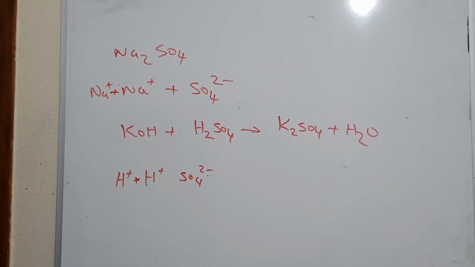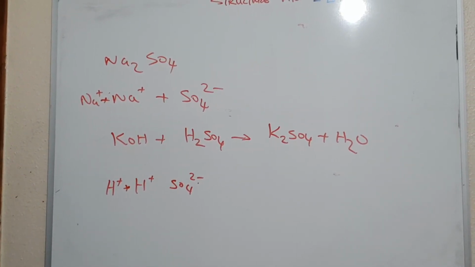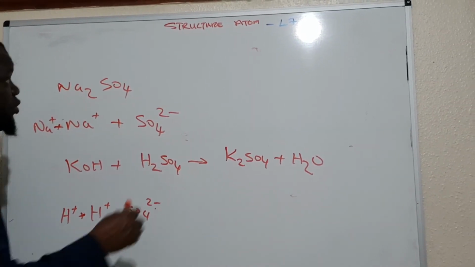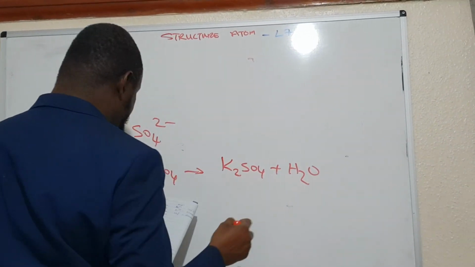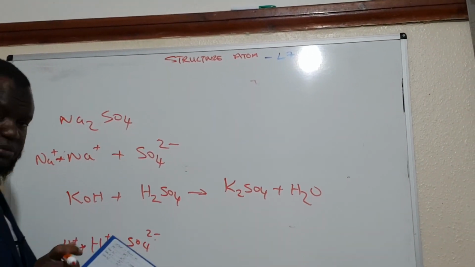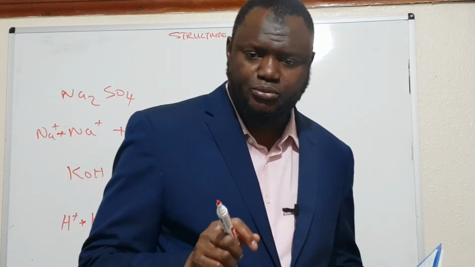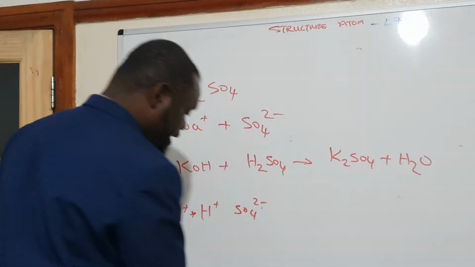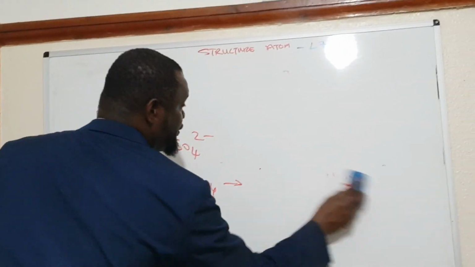That's why before I do equations, I say let's deal with this first. The next time we are going to deal with ions. What we did were anions, negative charges. The next time we're going to do the positive ones, cations.